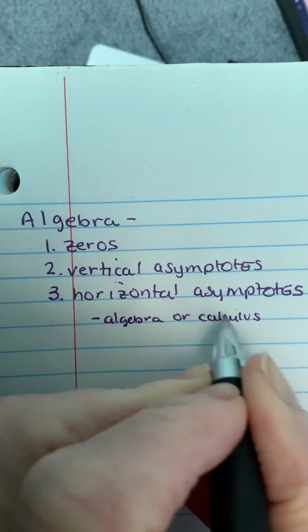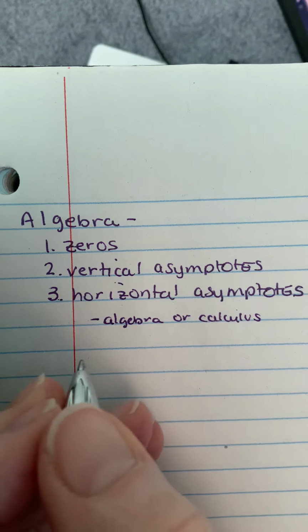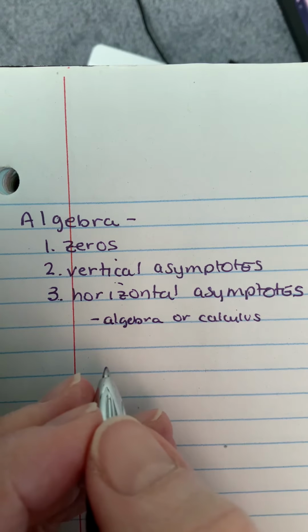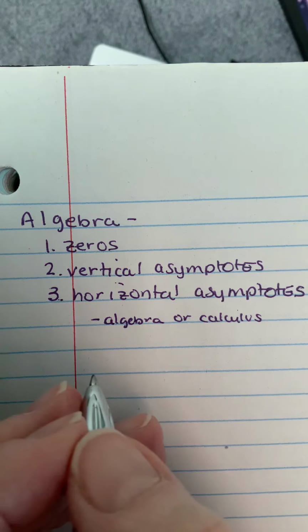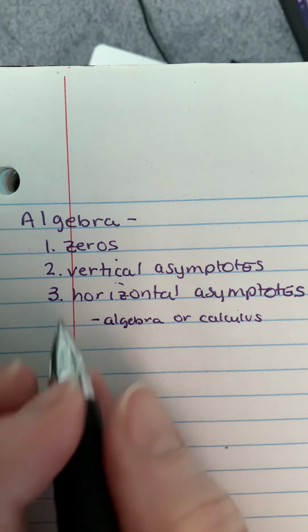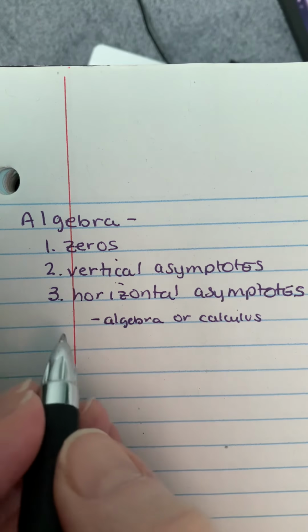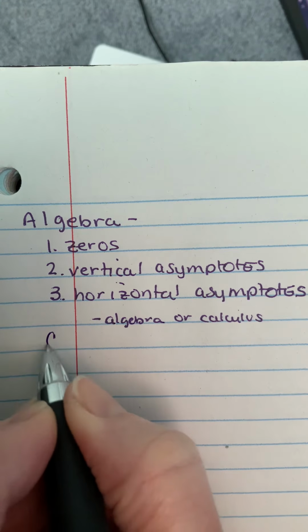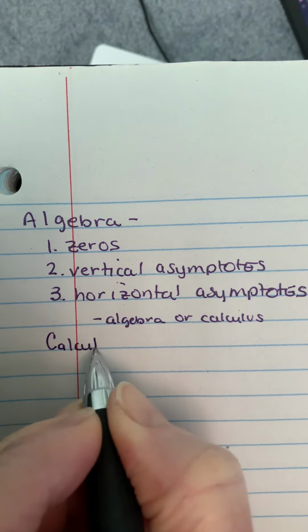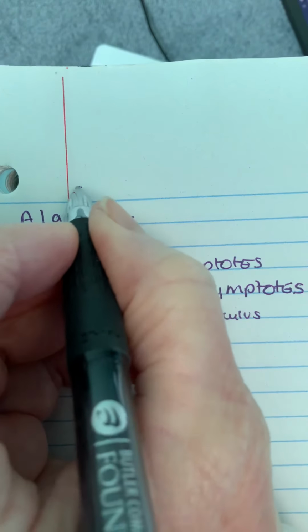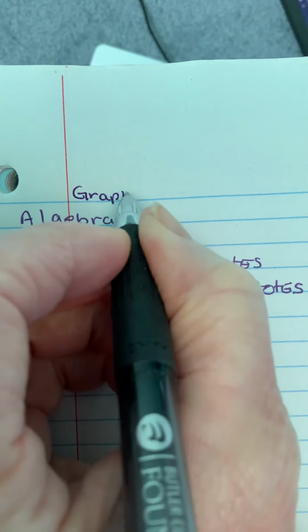The calculus maneuver is limits, and it's limits at infinity around page 205 in your textbook. So let's start out talking about those. The second thing that we're going to focus on is the calculus part. The calculus part of graphing, let me say that this is about graphing, okay?